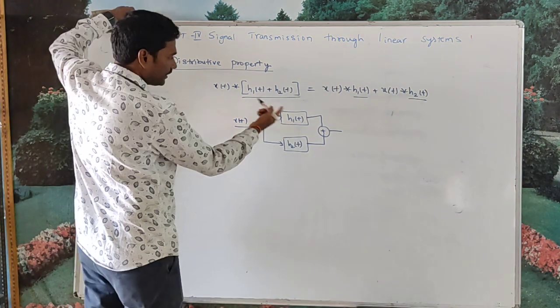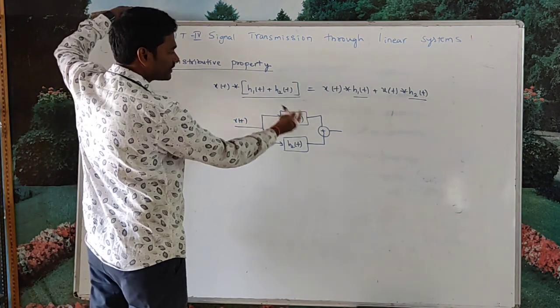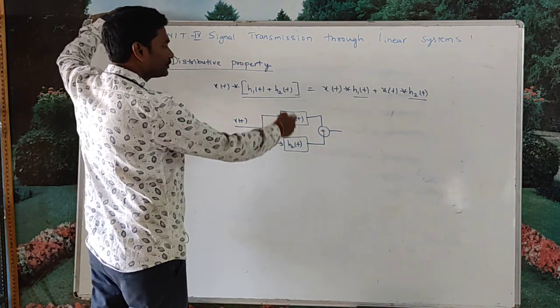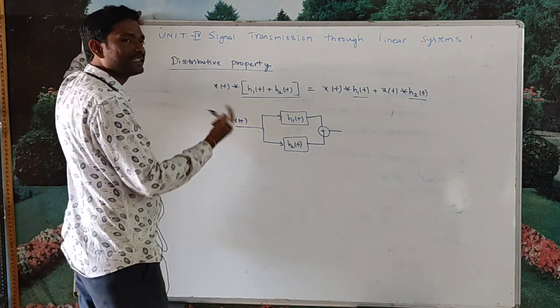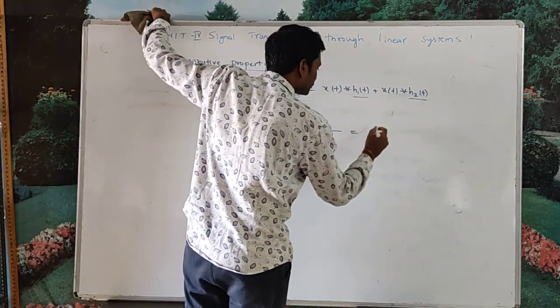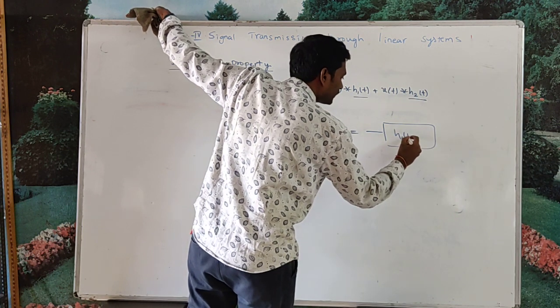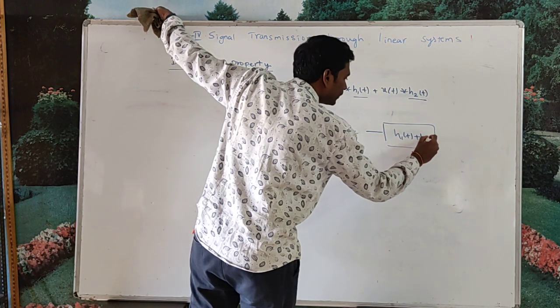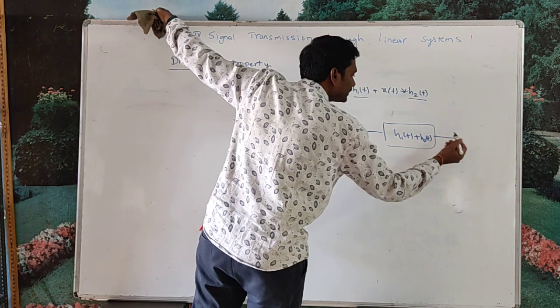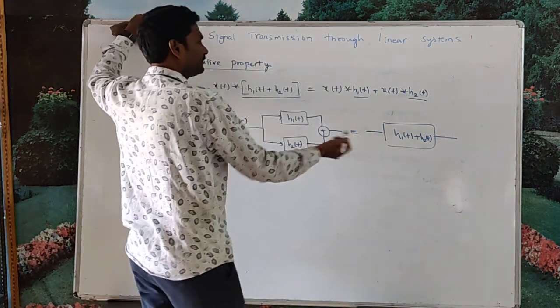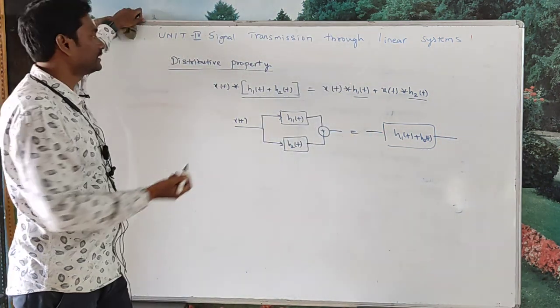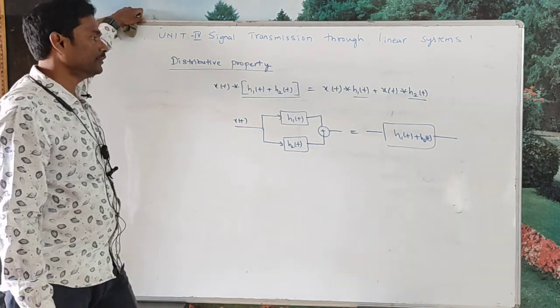Okay. And when we find situations like this, these two systems can be replaced with a single system whose impulse response would be like this. Let us consider, this is equal to h1 of t plus h2 of t. So, the output would be the same for both the cases. Okay, that is all about the distributive property.